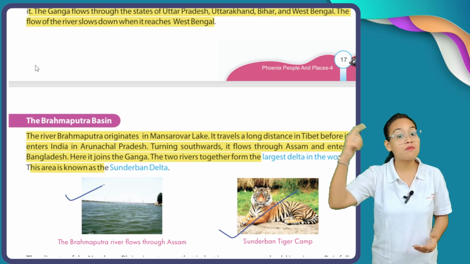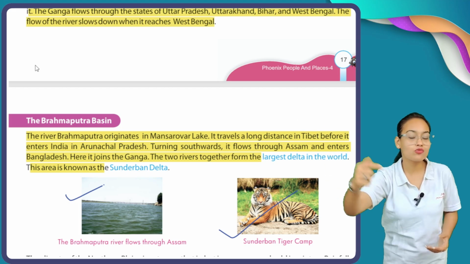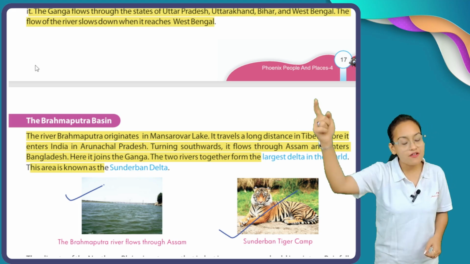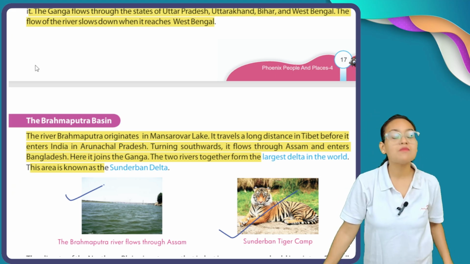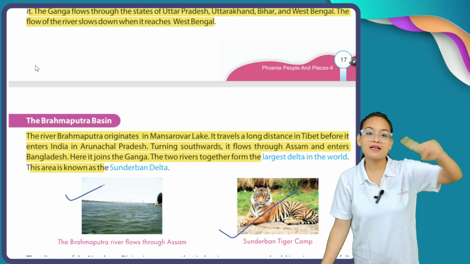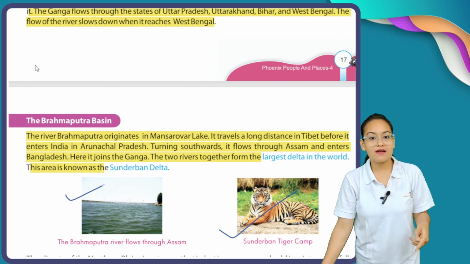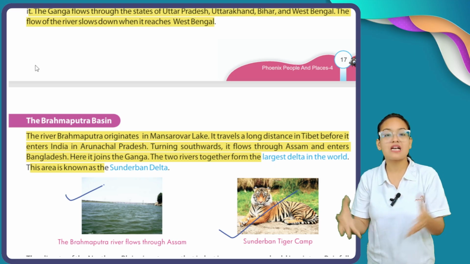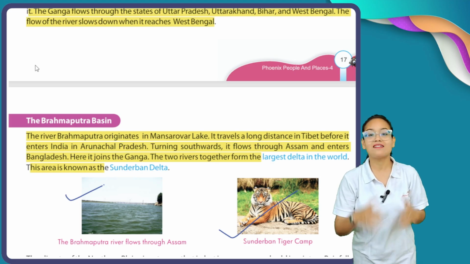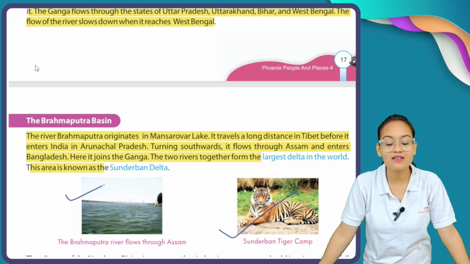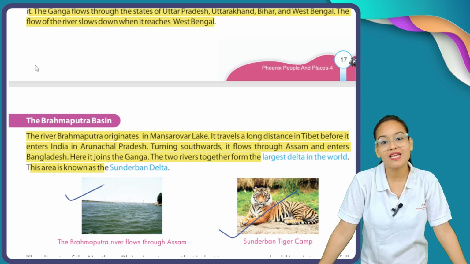In India, it enters through Arunachal Pradesh, covers the whole state of Assam, and after Assam it enters another country, Bangladesh. There, when Ganga and Brahmaputra combine before the Bay of Bengal, they form the largest delta of the world, known as the Sundarban Delta. The Sundarban Delta is famous for its Royal Bengal tigers and Sundari tree.